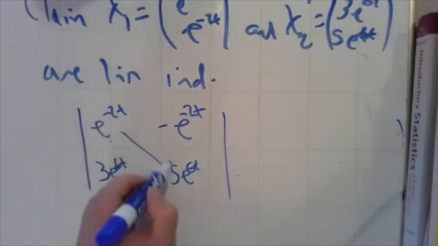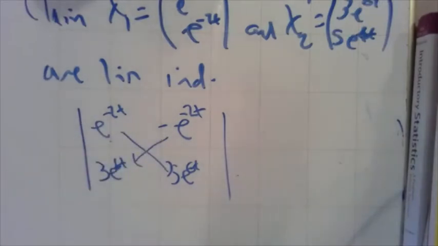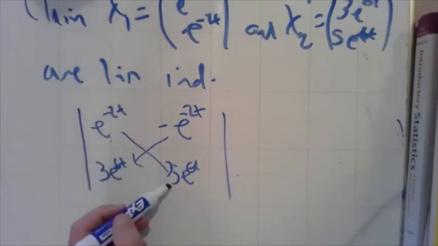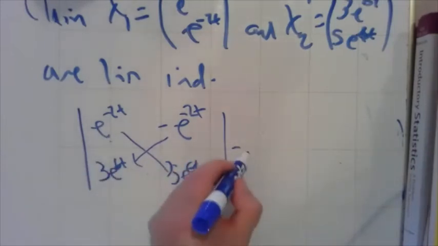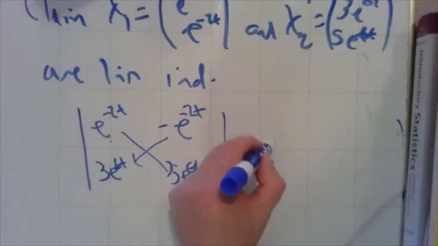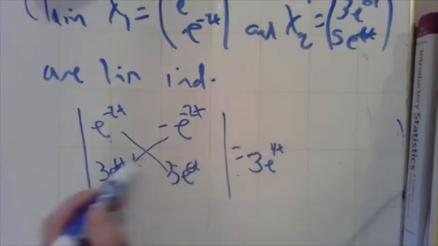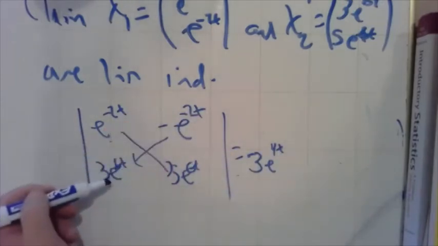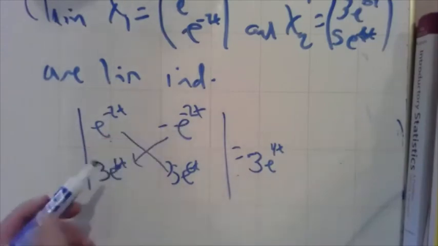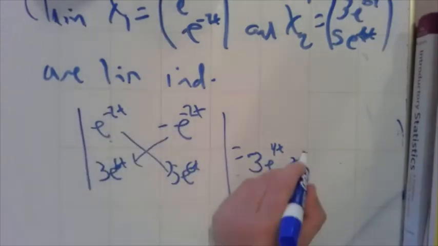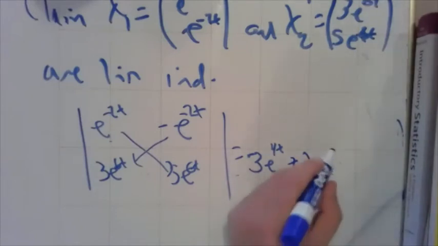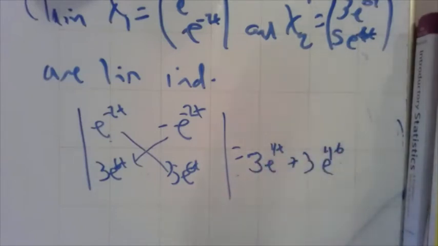So we go that way minus that way. That would be 3e to the 4t minus a negative, so plus 3e to the 4t.